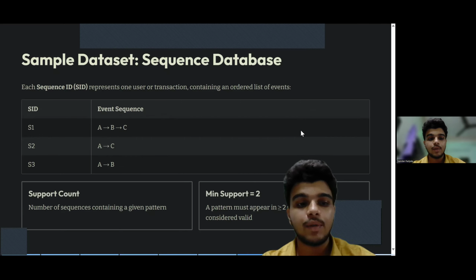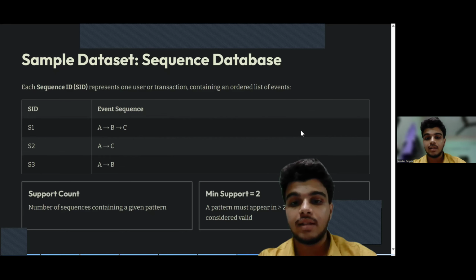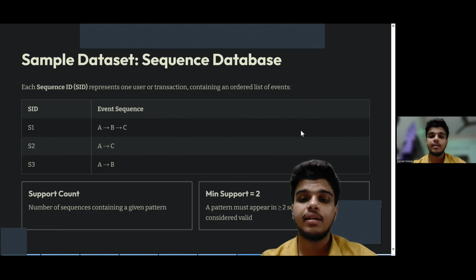Support count is nothing but the number of sequences containing a given pattern. For this, the minimum support is 2. That means the pattern must appear in greater than or equal to two sequences, and then it is considered valid.